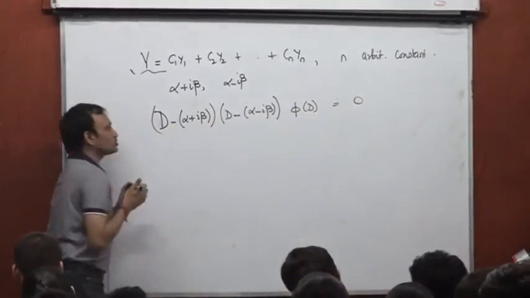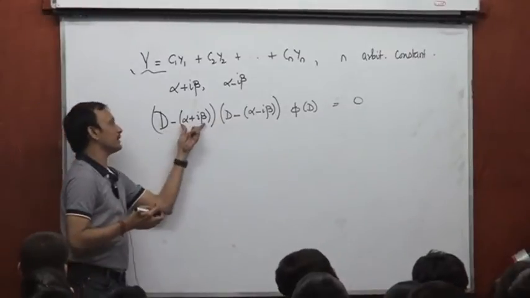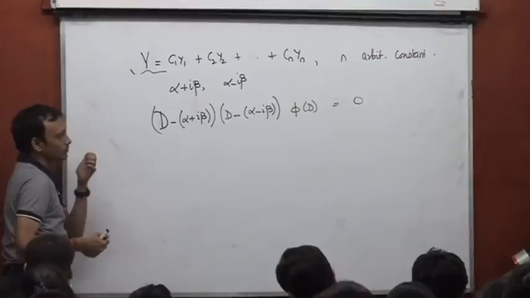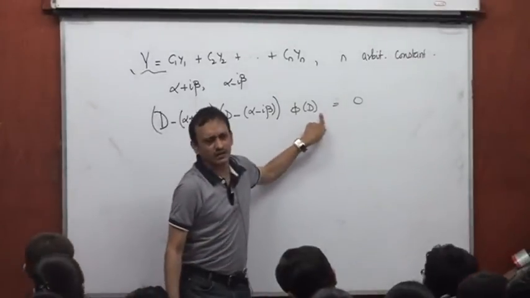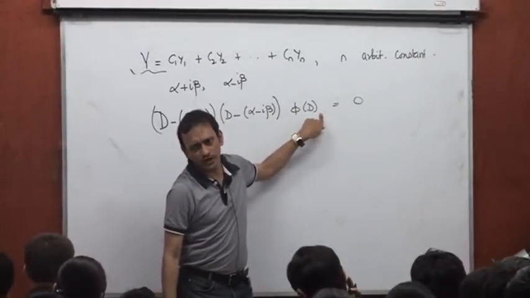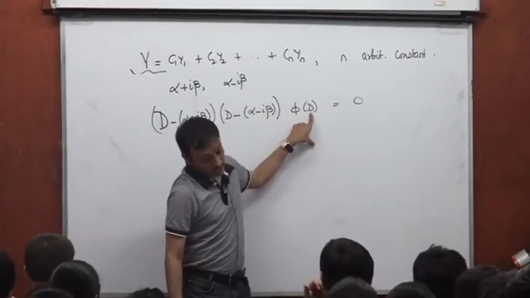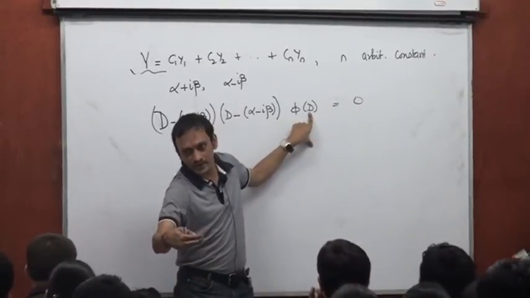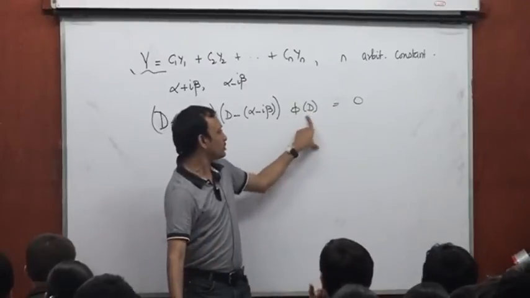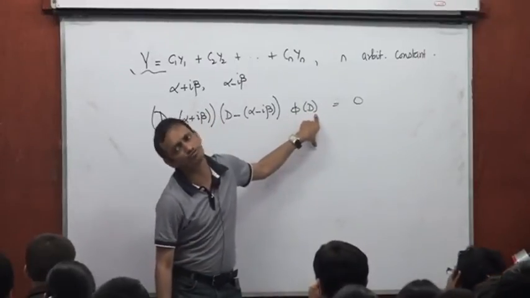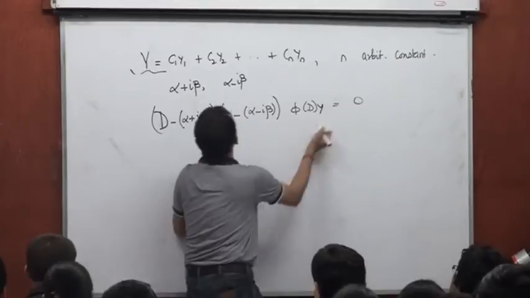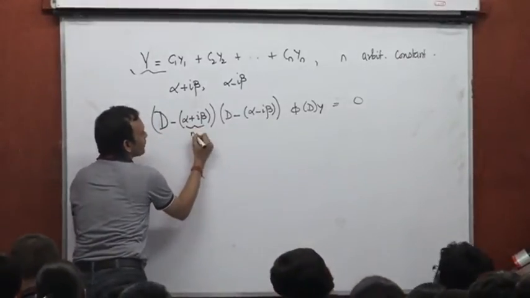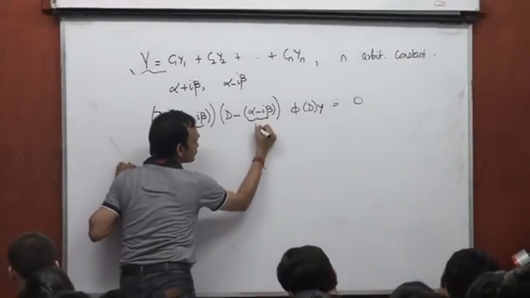So the two complex roots occurred in a pair, like α + iβ and α − iβ. The others were all real roots. They could be coincident or distinct, and you know what to do with the coincident roots and the distinct roots. Now, this is like m1, this is like m2.